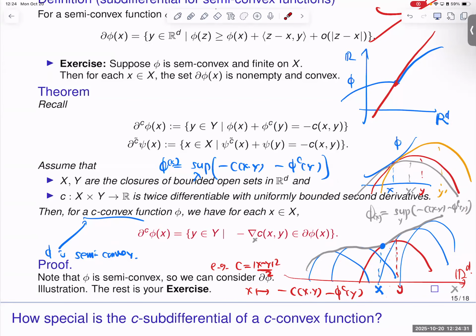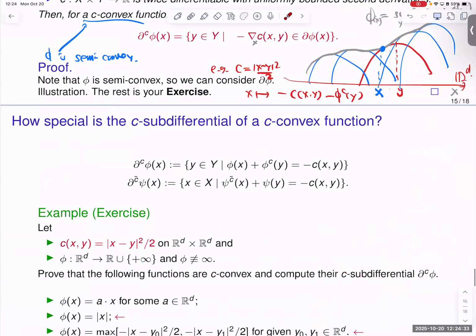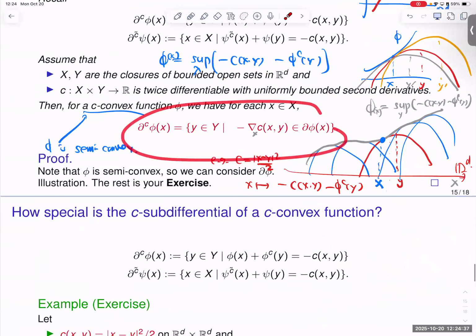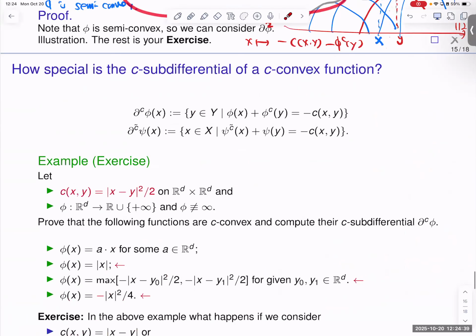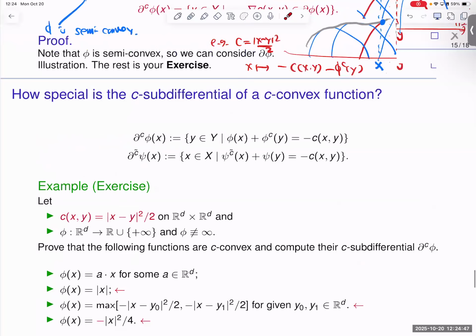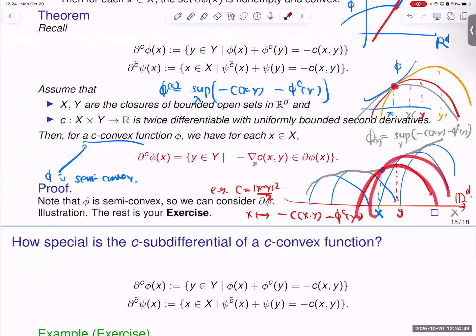Okay, I have one minute. So because of this, you can rather intuitively compute C-subdifferentials of C-convex functions. You just look at these supporting functions, and then consider where these slopes are matching.